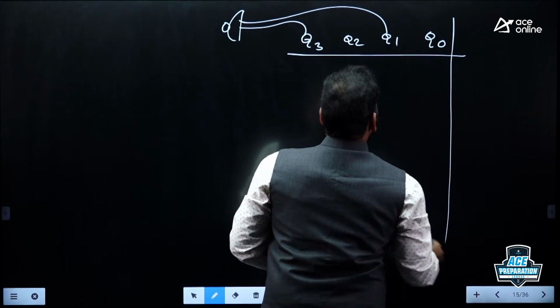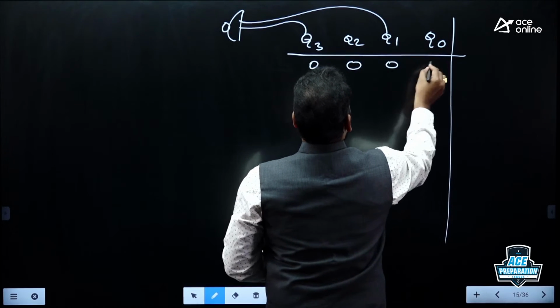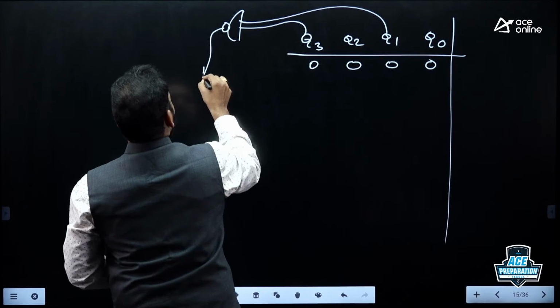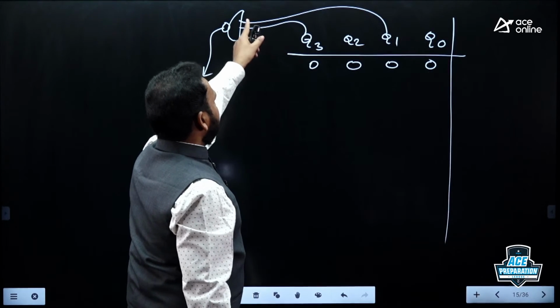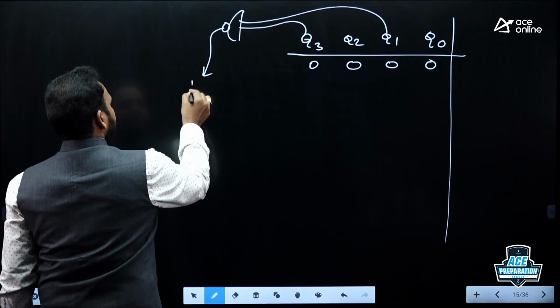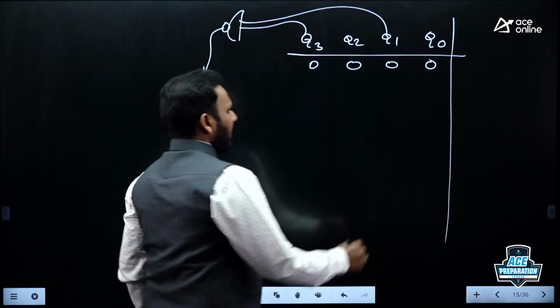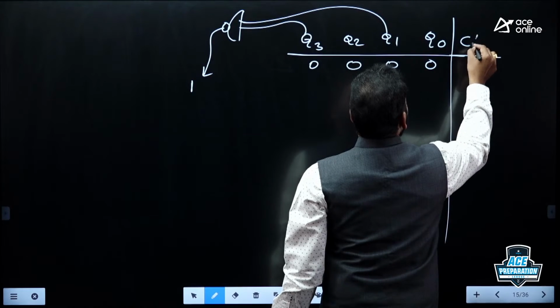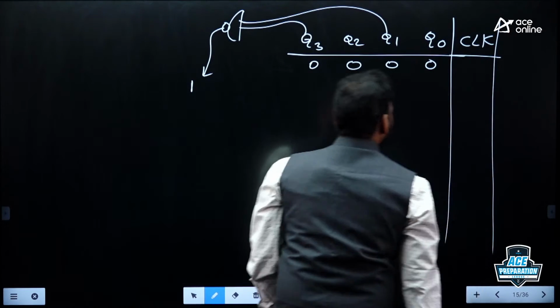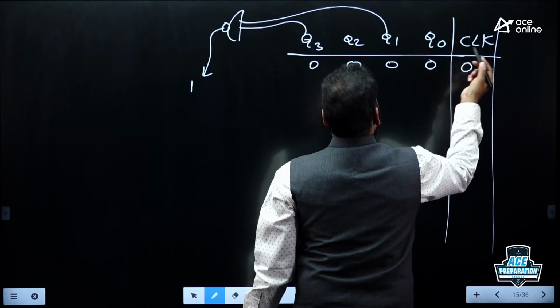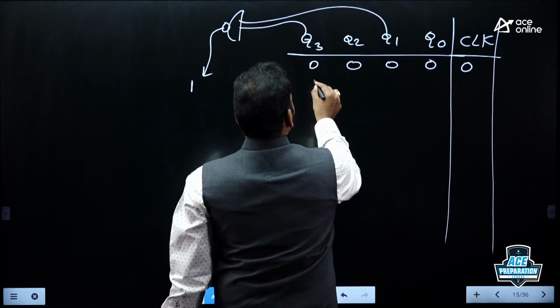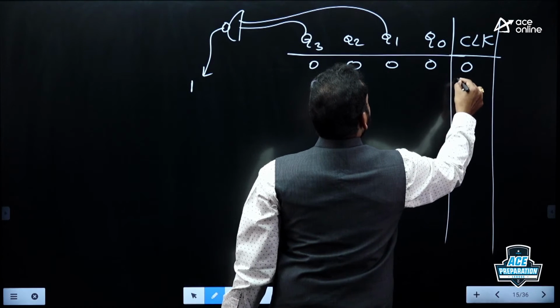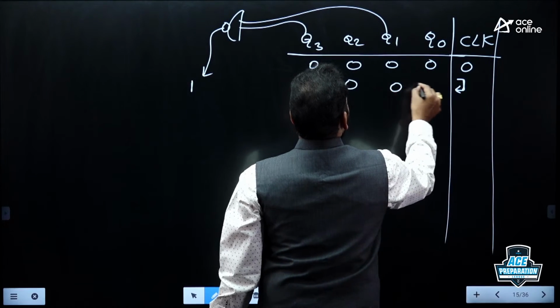Initially the sequence is 0, 0, 0, 0. What is the output of the NAND gate? 0 and anything is 0, and 0 bar is 1. No effect. I can keep on giving the clock pulses. No clock is given so far. After giving the first clock pulse, 0, 0, 0, 1.